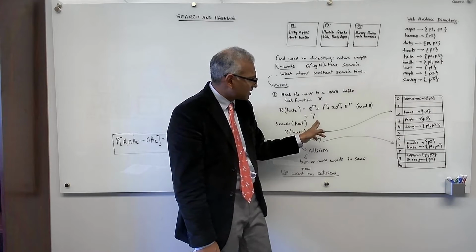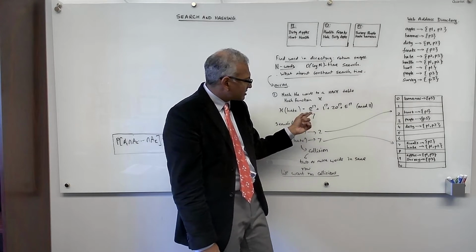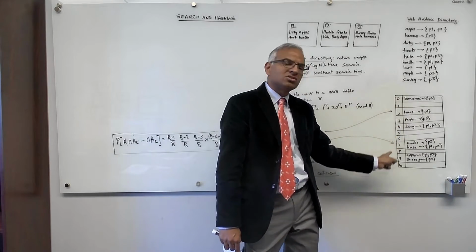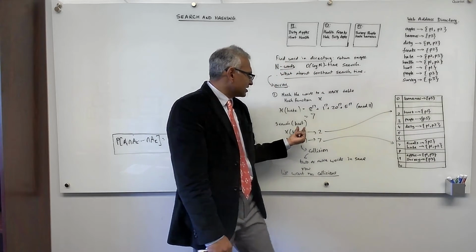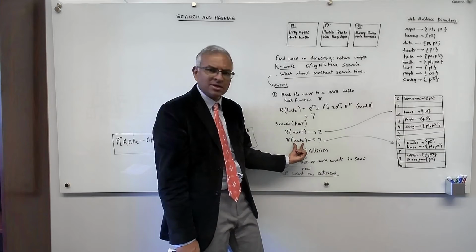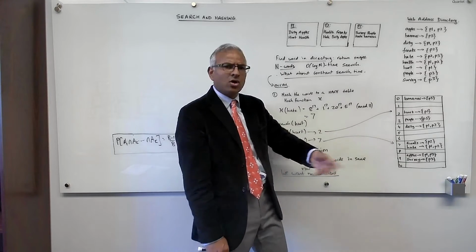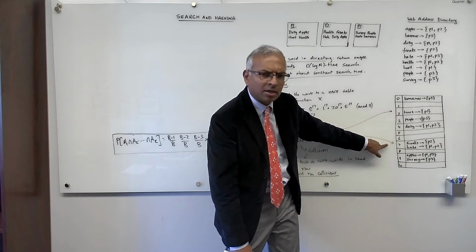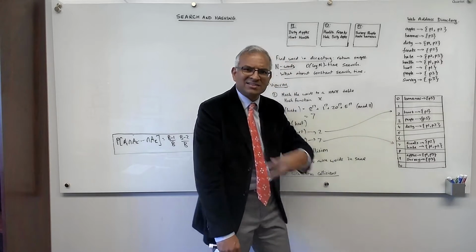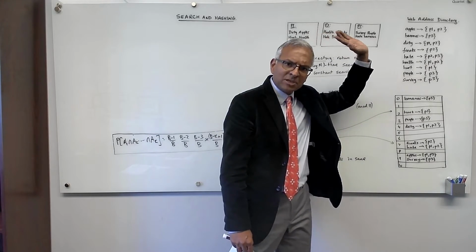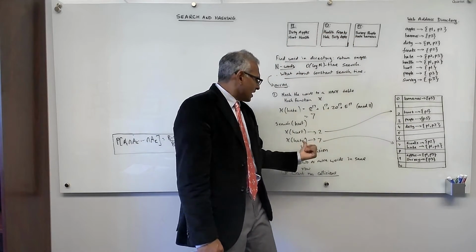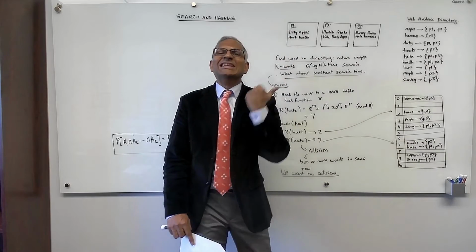And the other thing is that a good hash function more or less takes words and randomly distributes them among table rows. Randomly, independently. In other words, for example, hurt and hate are very similar words, but look, they've gone to way different table rows, 2 versus 7. And that's indicative of the fact that you can think of this as hurt picks a row at random, and hate picks a row at random independently.